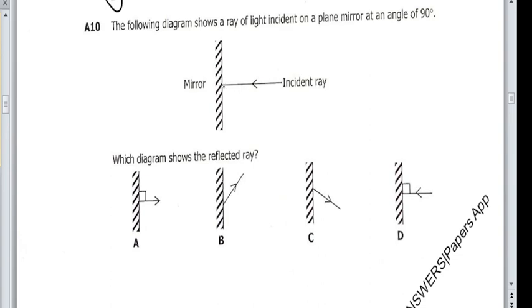Then the diffracted ray should also be at an angle of 90 degrees. It will go in the same line, now in the opposite direction, I mean. So meaning here, C is facing this direction. So it is only A which is going in the opposite direction. So for number 10, A is the answer.